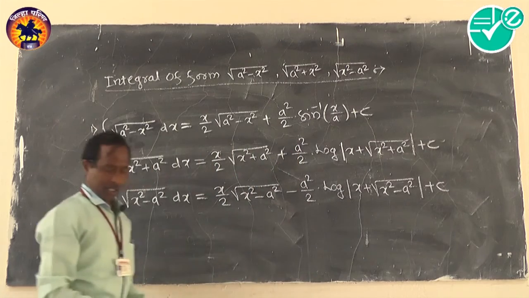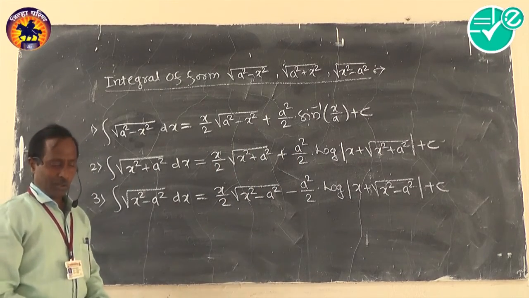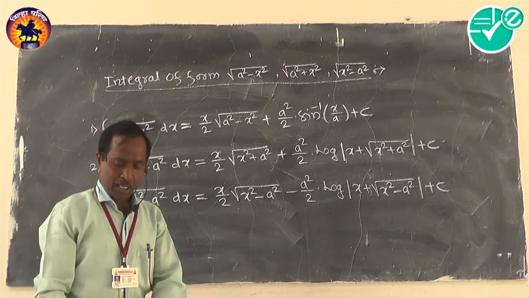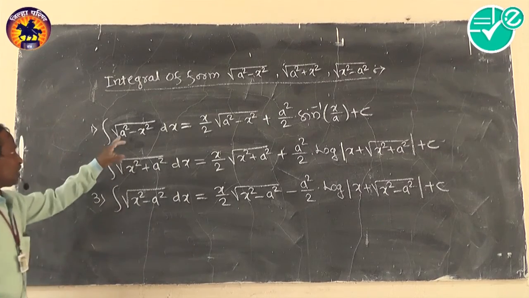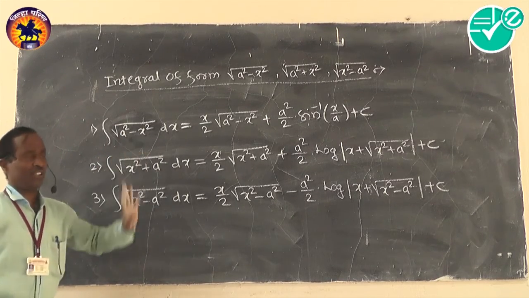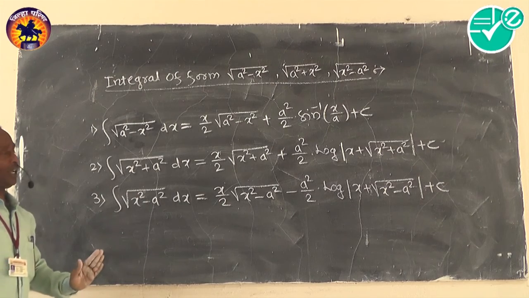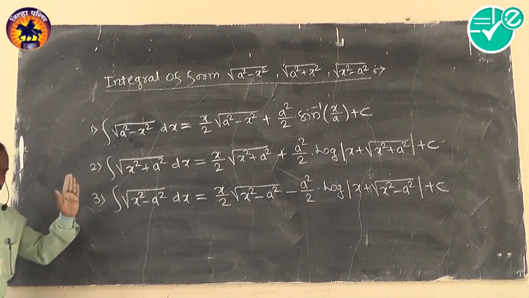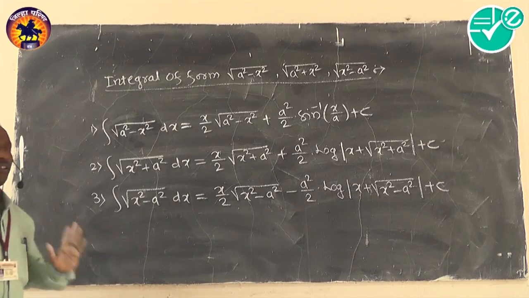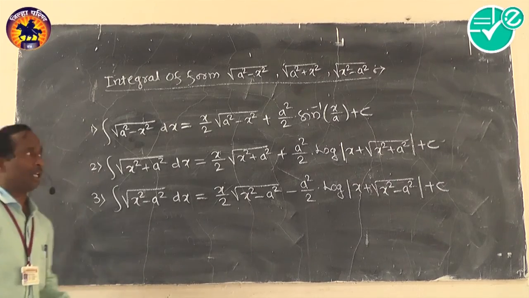So these are the important results which depend on integration by parts. Take the first function as root a square minus x square and the second function as 1, apply integration by parts, and we get all these three results. So today we will stop here.